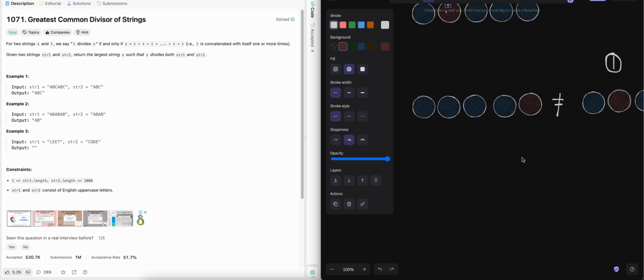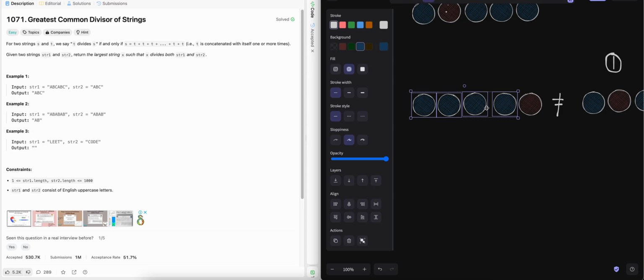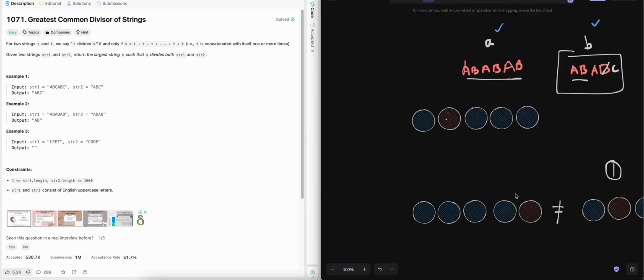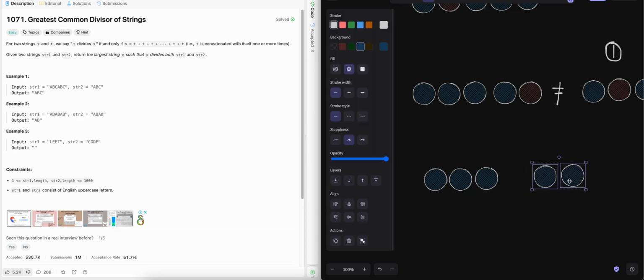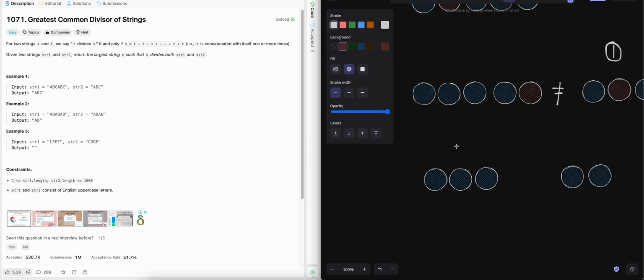Let us assume we have this, and these are the initial five components that were present. Let's say all of them are present now. This was our B string, this was our A. This is our A, and this is our B.